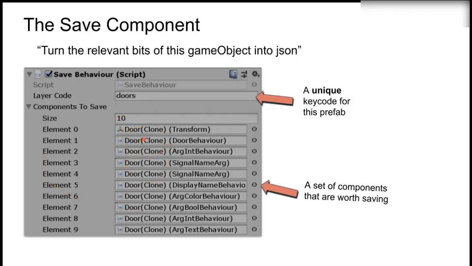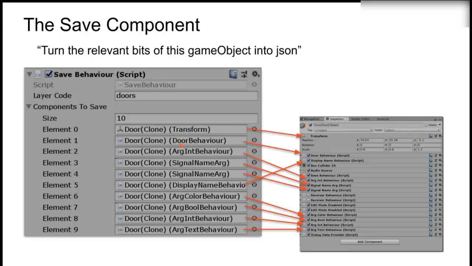This save behavior lives on the door game object, and I'm saying I care about my transform, and then mostly all these arg behaviors. There's a couple other ones scattered in there, but they're not worth talking about. These are the components that I want to save when a save needs to happen. So these are just referencing components on the door itself.